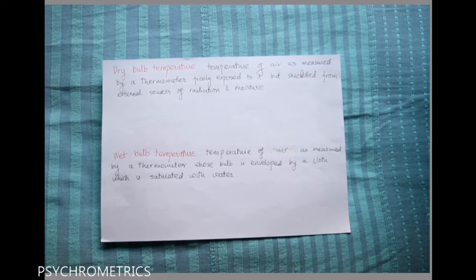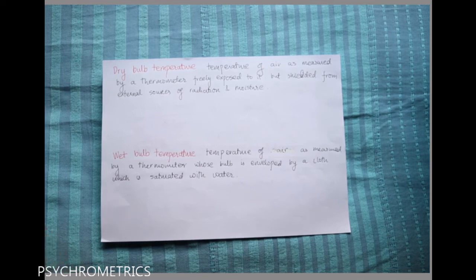To actually measure humidity, we require a certain number of parameters. One of the important parameters is temperature. However, temperature cannot be solely used, as you can have the same temperature for different mixtures of gases. So we have to come up with a reference system known as dry bulb temperature and wet bulb temperature.